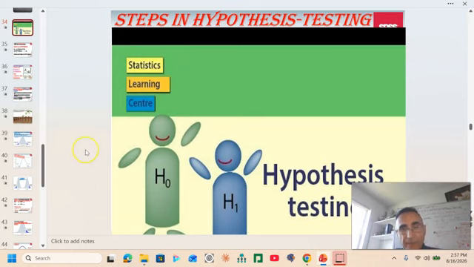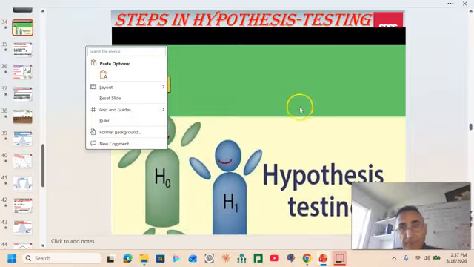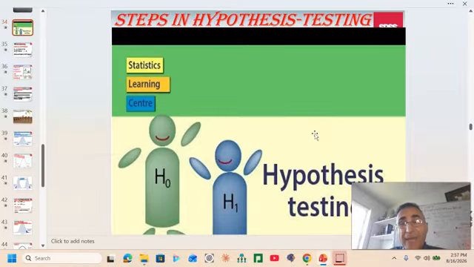So we either accept the null or reject the null, or we either reject the null or fail to reject the null. It's the same thing. Or retain the null, which means accept the null. Different people say different words, but again, it's either or. You accept or reject.